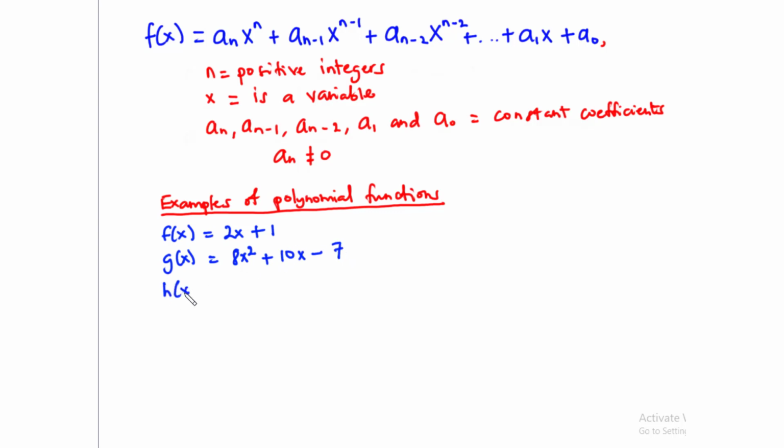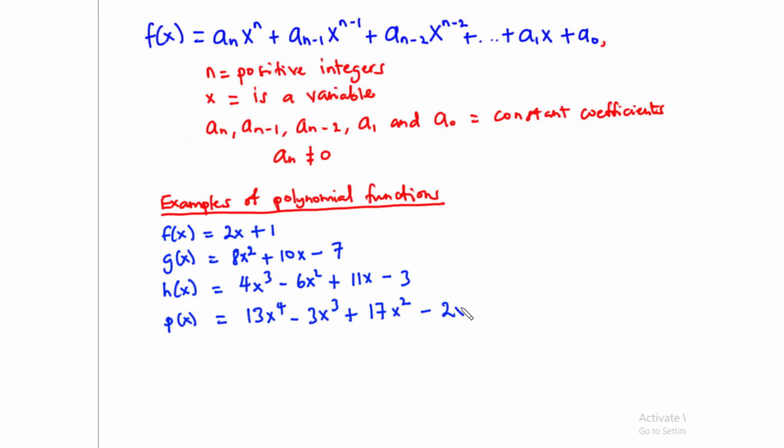We have h of x equals 4x cubed minus 6x squared plus 11x minus 3. And then we have p of x equals 13x exponent 4 minus 3x cubed plus 17x squared minus 2x plus 6. Now these are examples of polynomials.